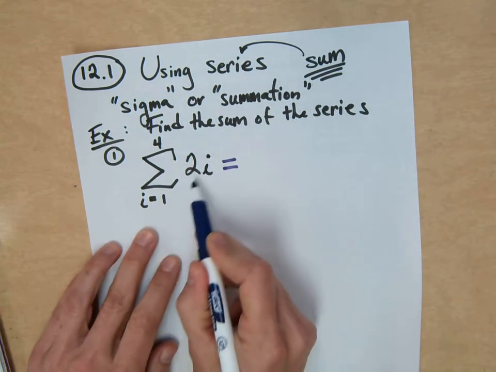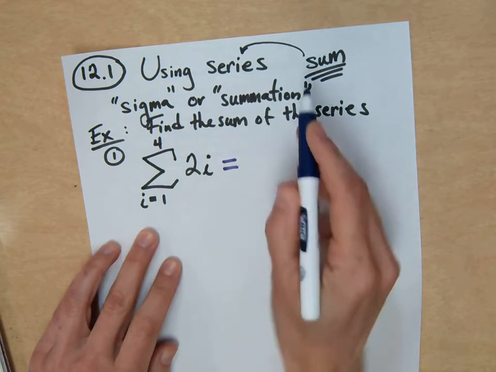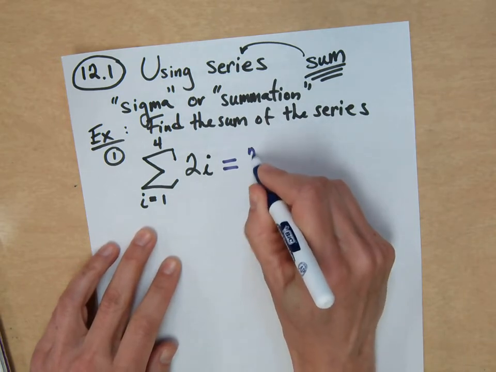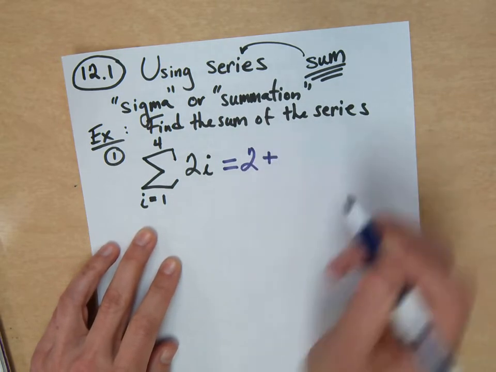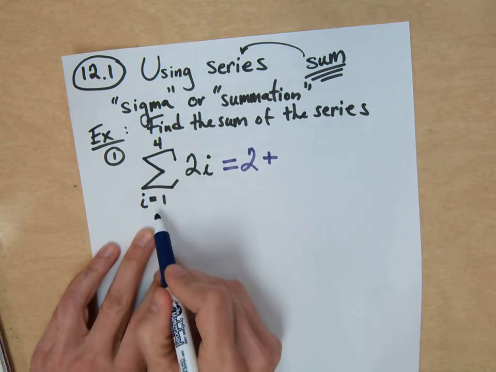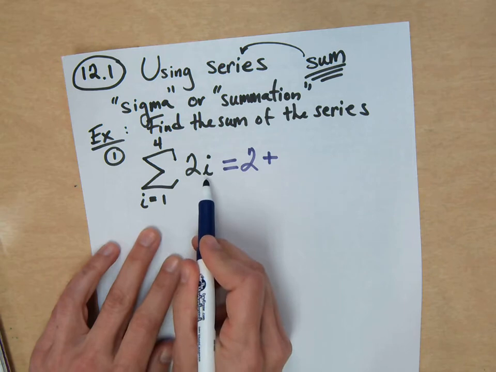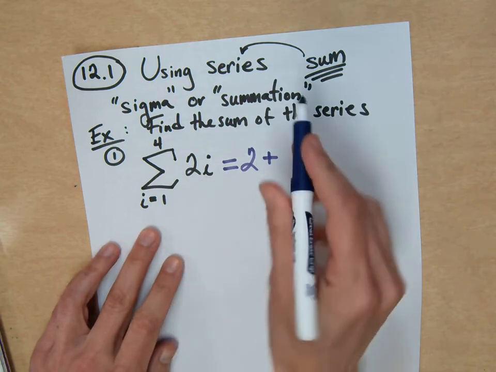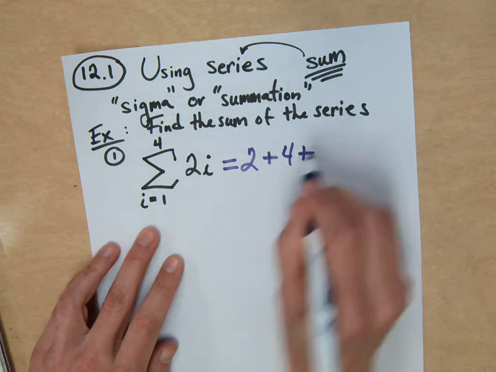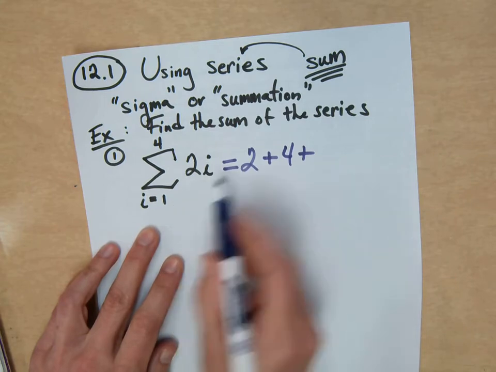So you plug in 1 into the expression. 2 times 1 is 2. But since it's a series, you put a plus symbol after it. And now I is 2, the next iteration. If you plug in 2 for I, what do you get? 4. Now plug in 3, you get 6.